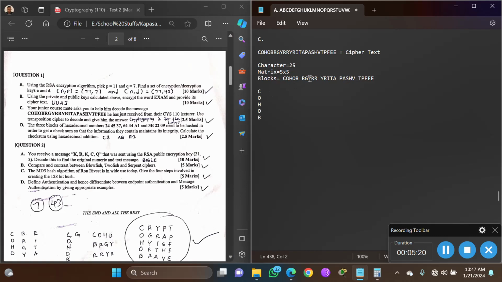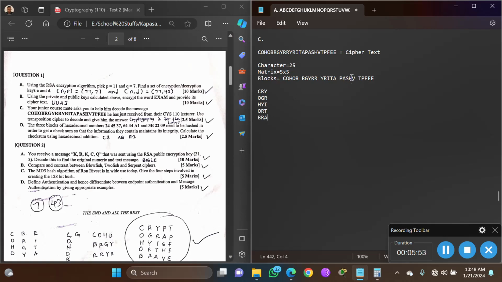Then you come to the second block, which has R, then you go down, it has G, again you go down, it has Y, you go down, it has R, and it ends with R. So we continue dropping them. We go to the third block, which starts with Y, followed by R, then I, followed by T, followed by A.